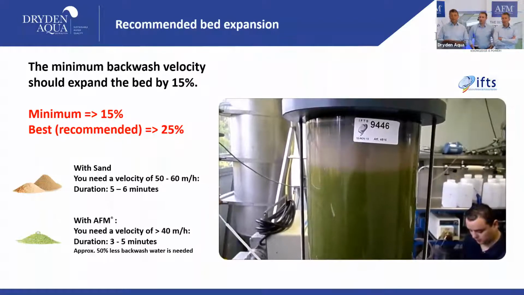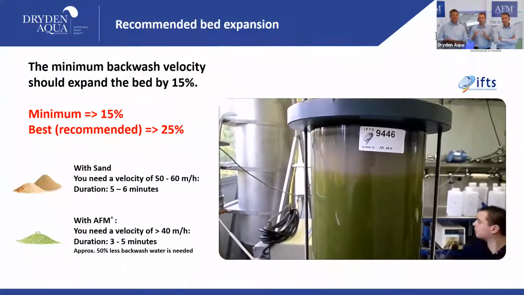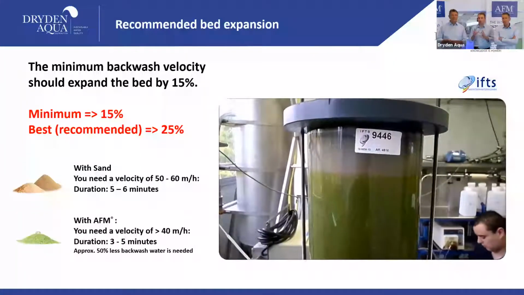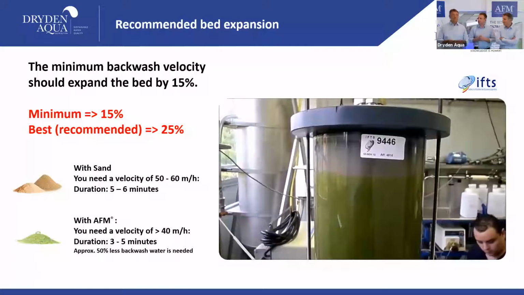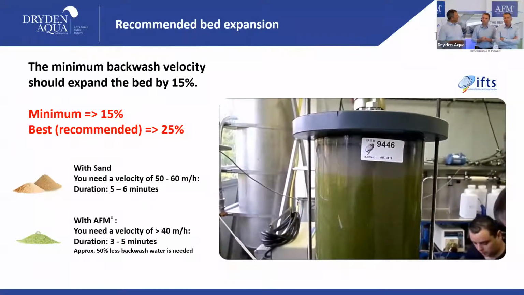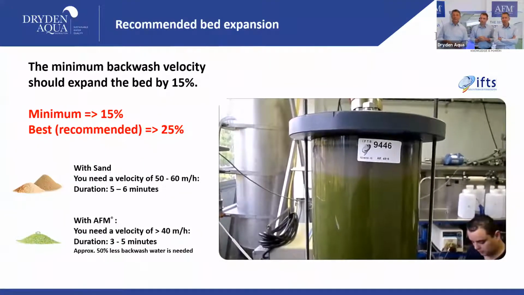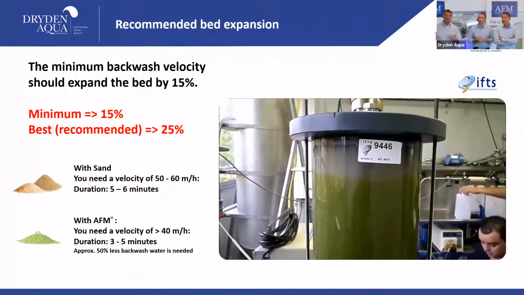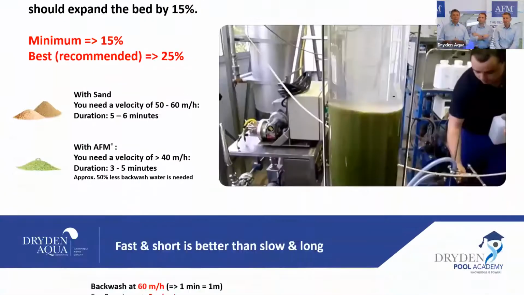You have a lower density with AFM. One cubic meter of AFM is 1,250 kilos, and sand is 1,500 kilos. That's 20% of difference. And 50 to 40 is 20% of difference. I think there is a kind of logic in that. Not all of these glass sands have a good bed expansion, by the way. Maybe we come to that.